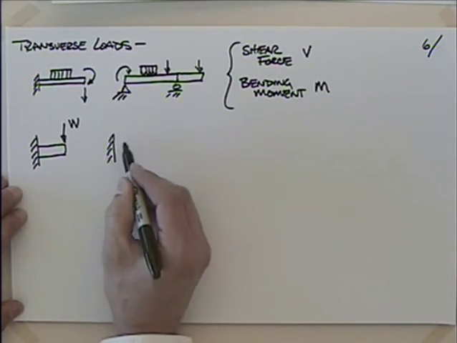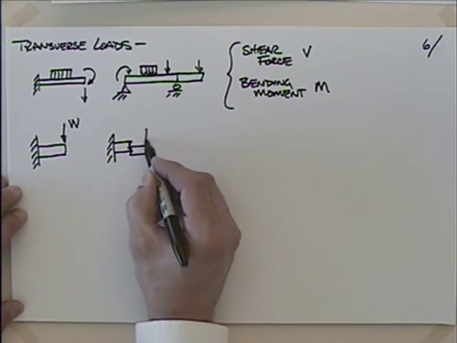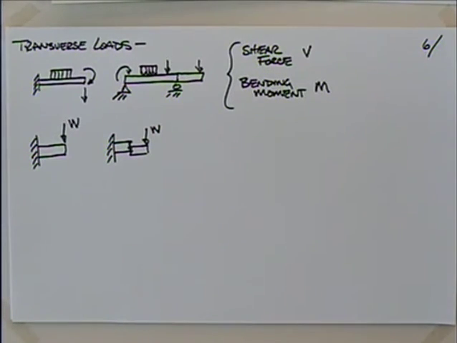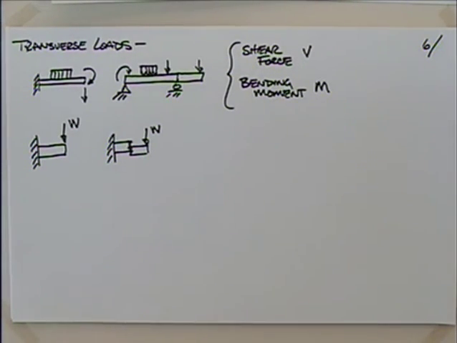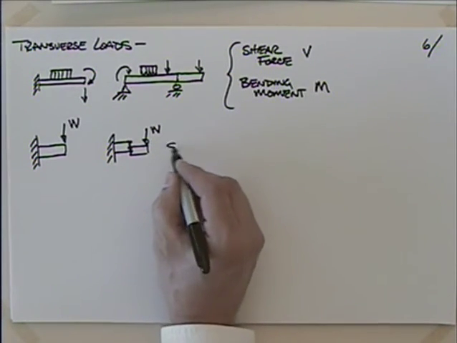One failure mode might be that it would fail through this section. It would actually shear through right there. The Kansas City Skywalk disaster, worst structural failure in U.S. history, was actually a problem very much like this. A section of beam failed in shear. Okay, so that's going to fail in shear.